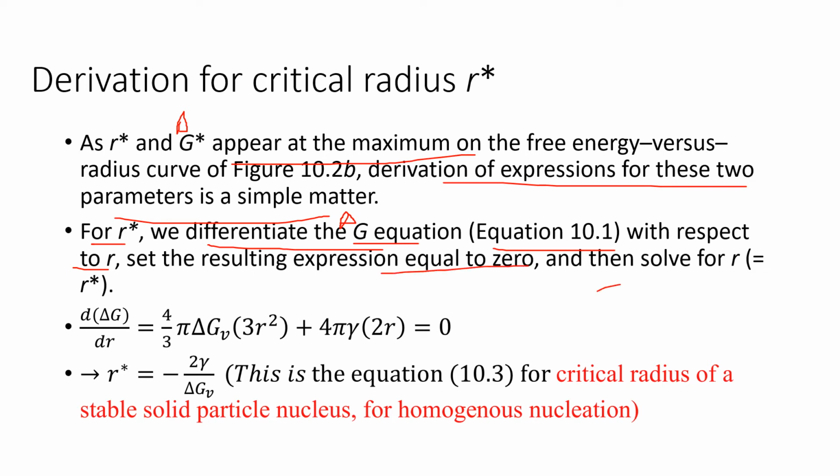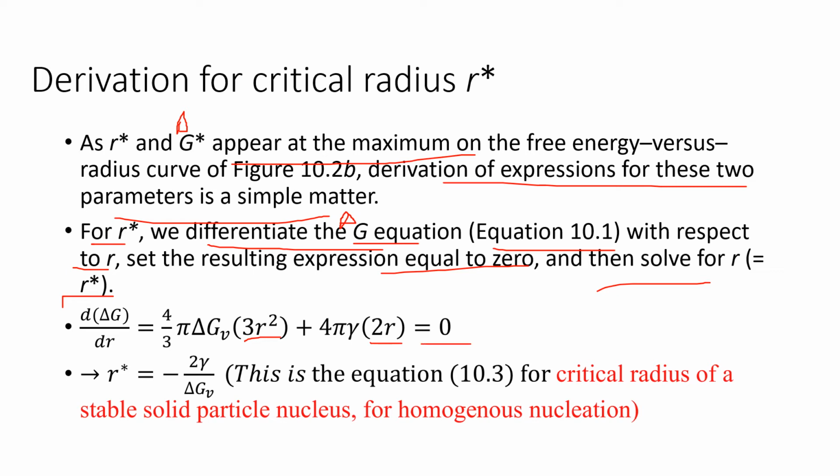Then solve for r equal to r star. The derivative of r cube is 3r square, while the derivative of r square is 2r, and then make it equal to 0.